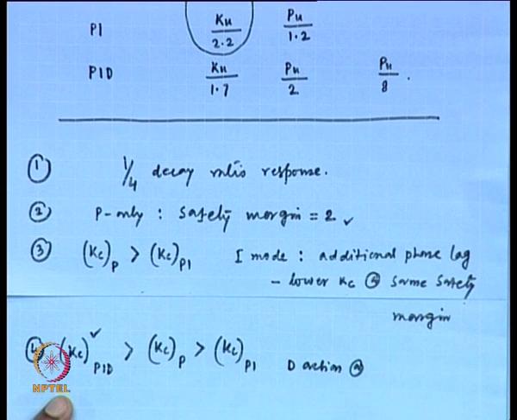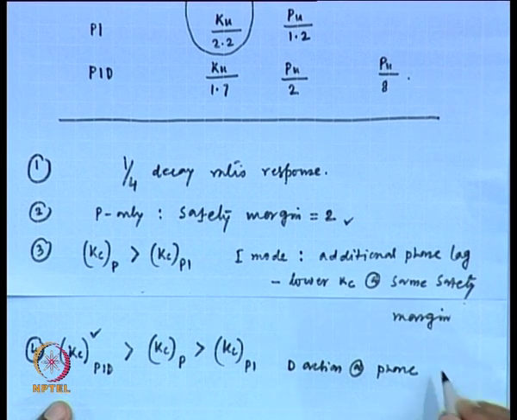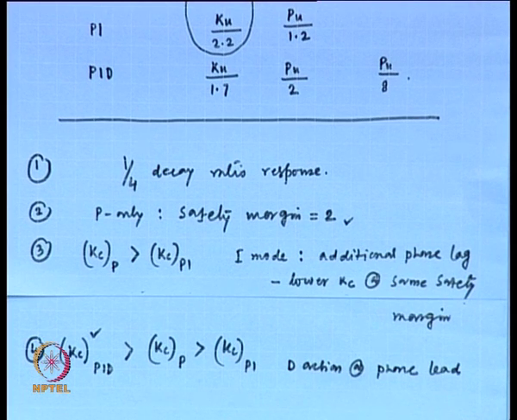For PID controller, we consider large Kc value because derivative action introduces additional phase lead.